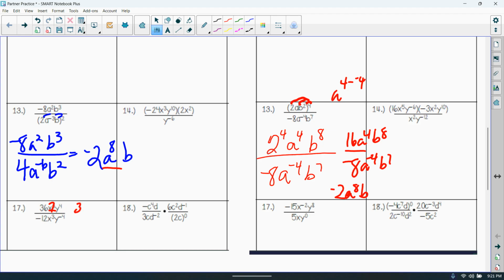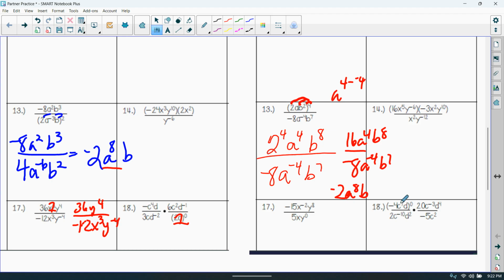So that's just really saying 36 y to the 4th over negative 12 x to the 3rd y to the negative 4th. And negative exponents we need to change to a positive by taking the reciprocal. On problem number 18 here, even though there's parentheses, this 2 to the c is going to turn to the 1, just like this negative 4 c to the 7th d.